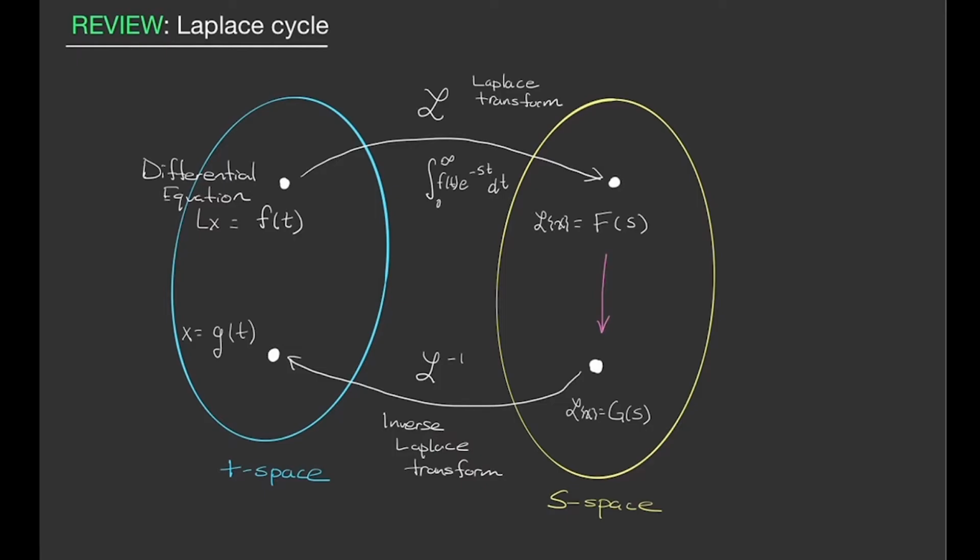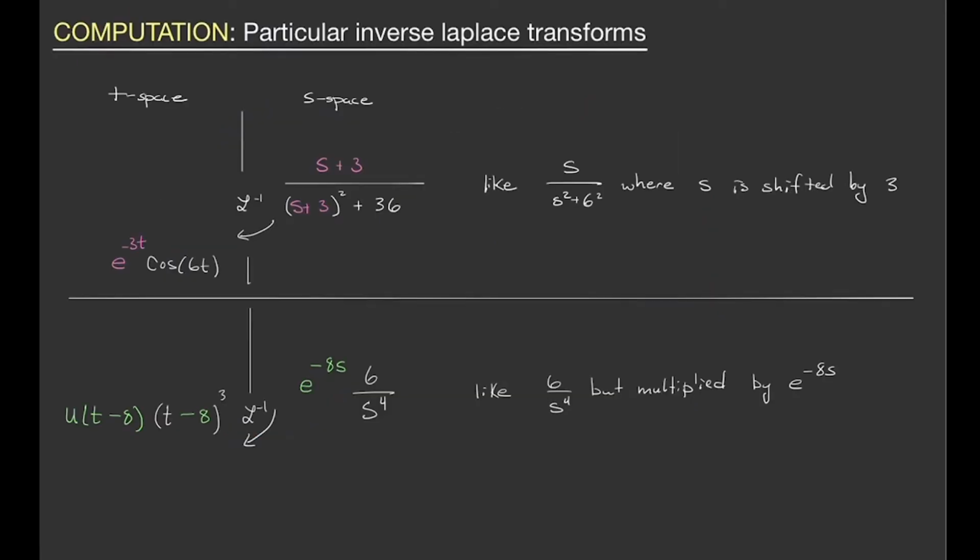Now let's look at taking the inverse Laplace transform. The presence of an exponential, either before or after taking the inverse Laplace transform or Laplace transform, works out in the following way.